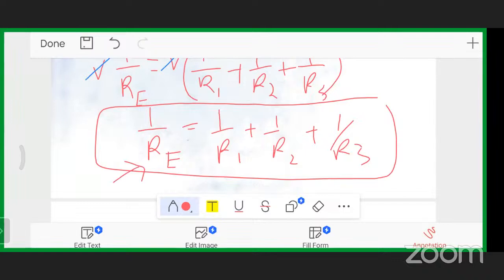So don't confuse it and say R is equal to 1 over R1 plus 1 over R2 plus 1 over R3; we talk of the reciprocal. Regardless of the number, you can add all the way up to 1 over Rn, even towards positive infinity. That is how to find the effective resistance.